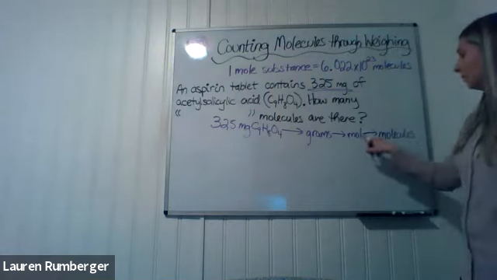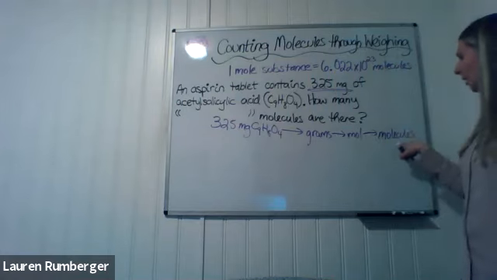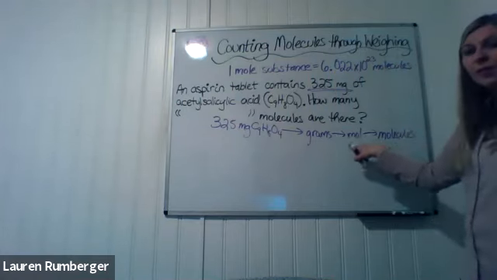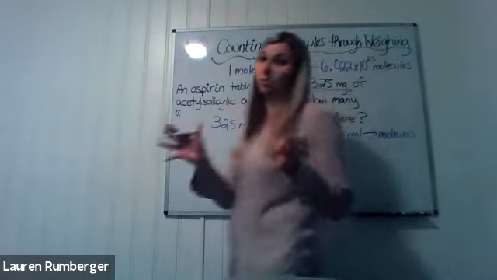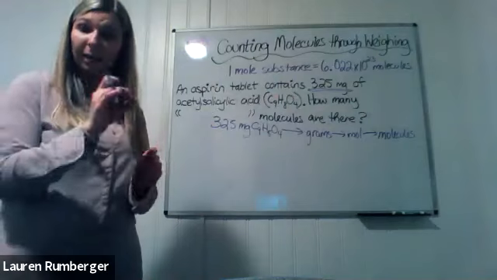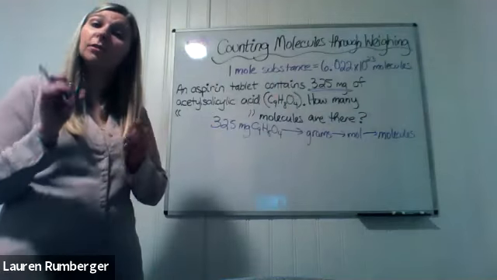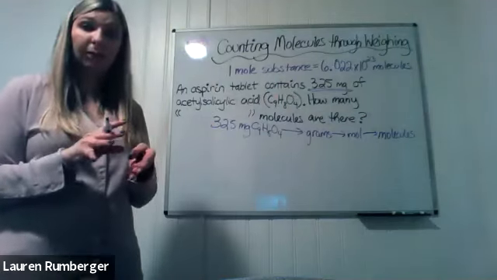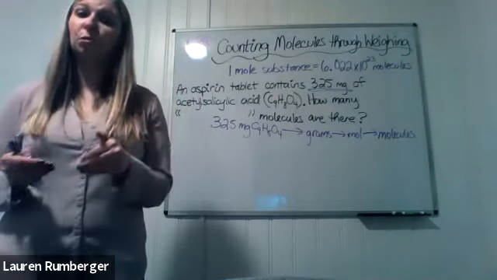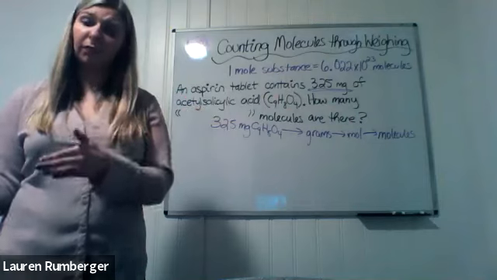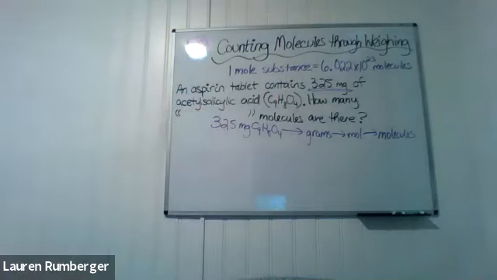Don't mix up the abbreviation of mole and molecules. Mole is always MOL. Molecules must be written out as its full word, because if you write MOL, that represents moles, not molecules. So remember to be using the correct units as we're making these conversions.